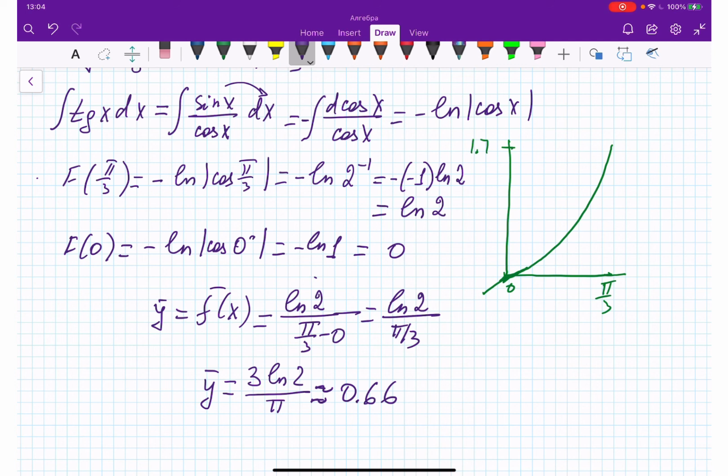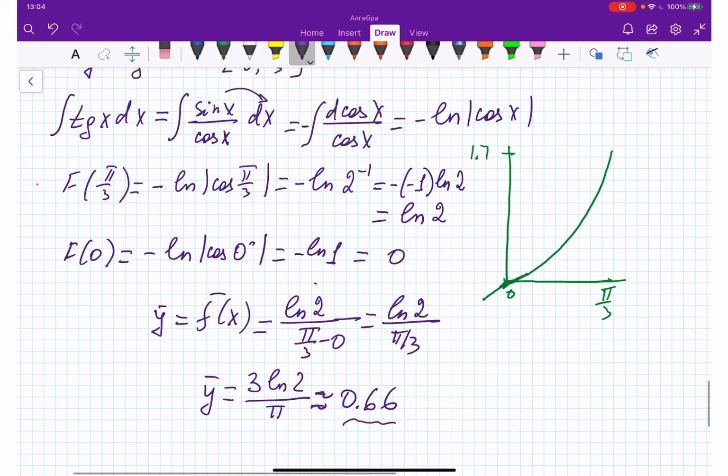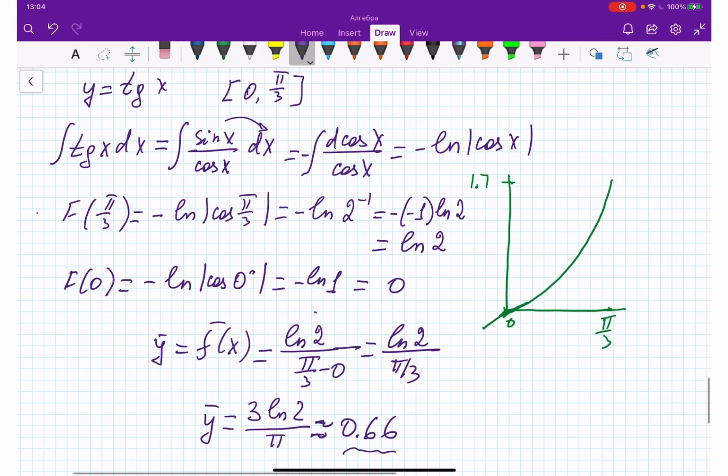Which means that when we are trying to find the average value of a function, we always need the integral, the integration on the interval.